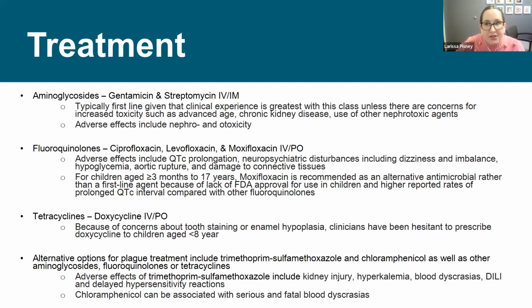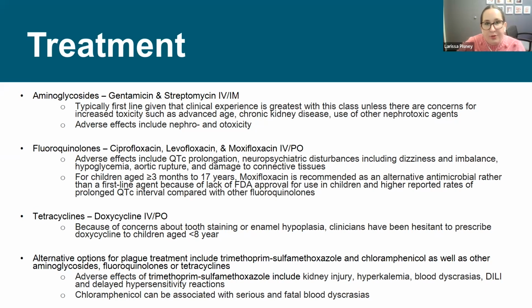But certain things could drive folks to use other antibiotics. So if there are increased concerns for nephrotoxicity or ototoxicity, particularly in patients with advanced age, known kidney disease, or those requiring other nephrotoxic agents, these might be avoided.